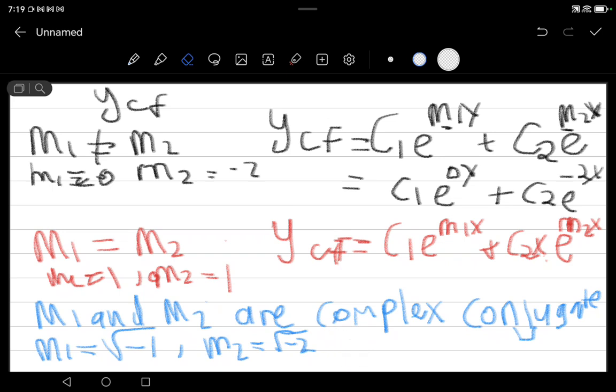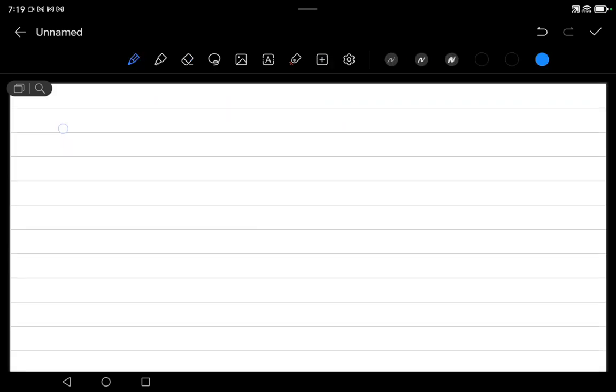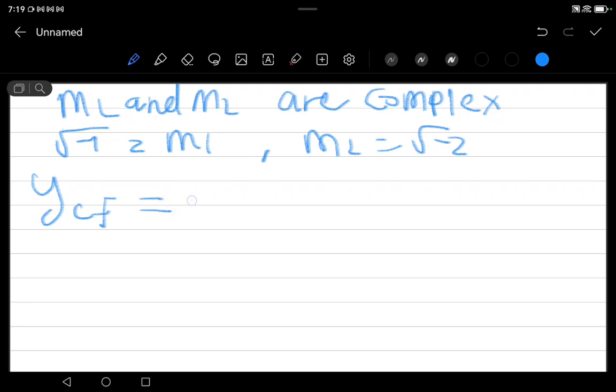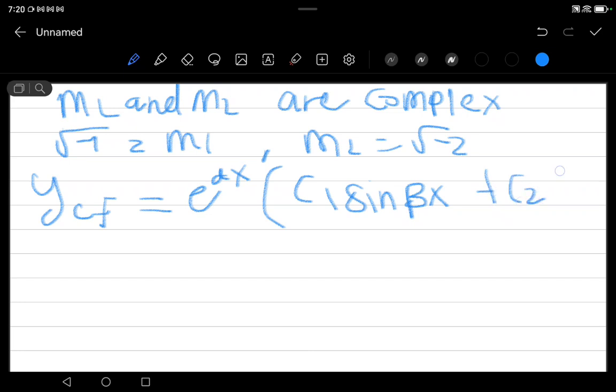For m1 and m2 complex, a negative square root answer, our YCF is going to be e to the power of alpha x into C1 sine beta x plus C2 cos beta x.